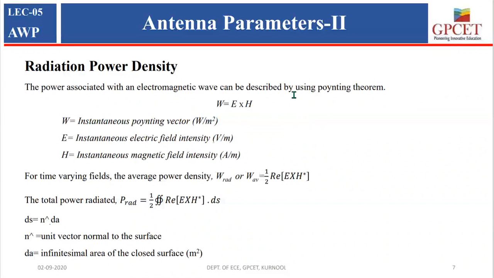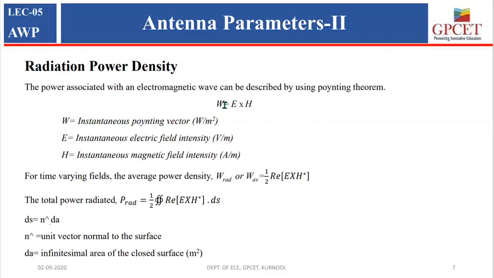according to the Poynting theorem, the instantaneous power at any point in the free space is equal to E cross H, where E indicates the instantaneous electric field intensity and H indicates magnetic field intensity. W indicates the instantaneous Poynting vector, that means instantaneous power.